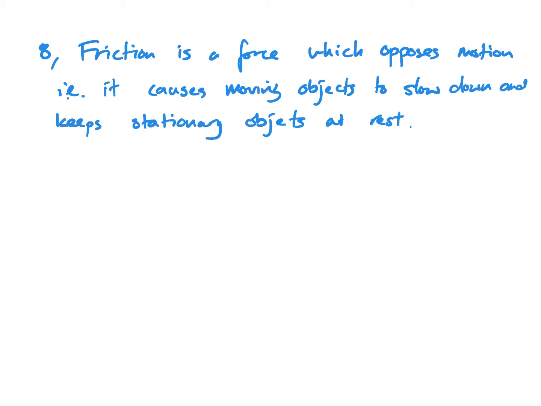You think about trying to move a big wardrobe, you can get enough force to cause it to move, but you're having to oppose the friction in the first place.